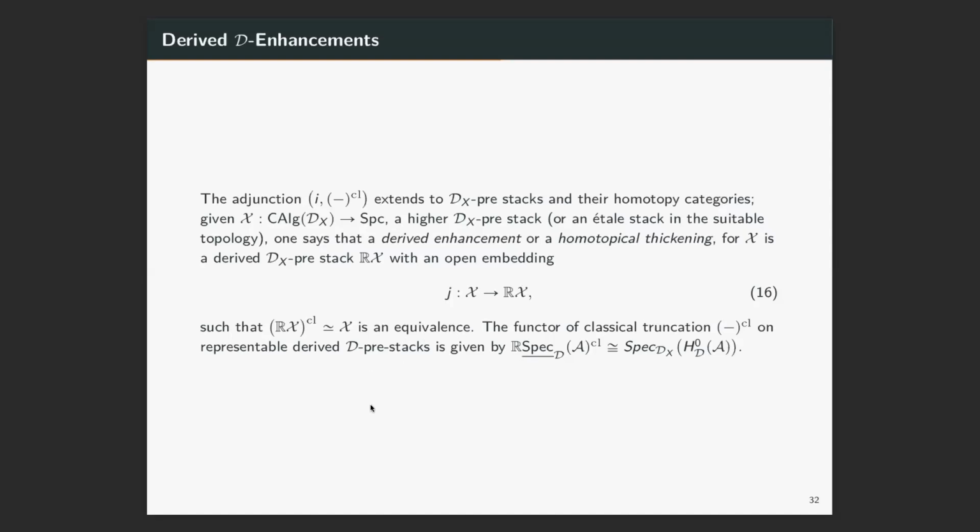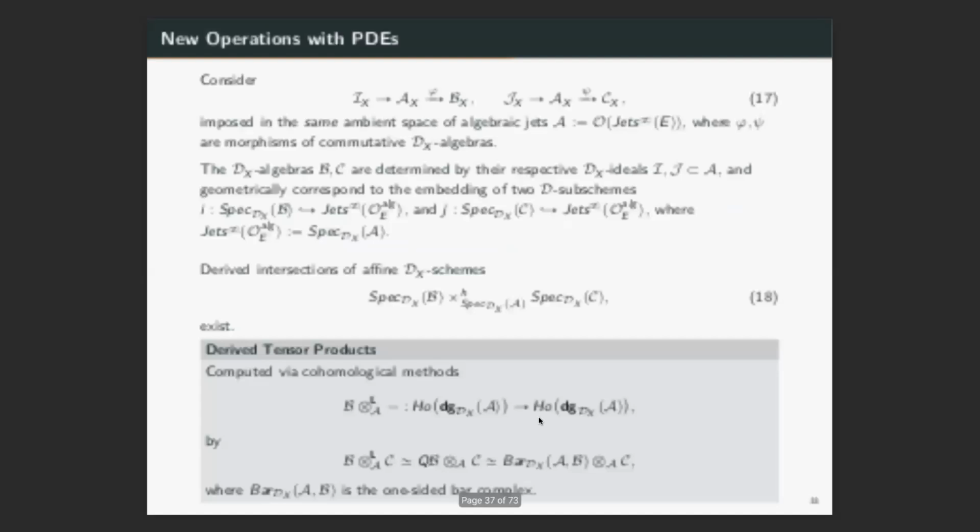So if you take the critical locus that we saw from the first lecture, and you take the derived critical locus construction, taking H0 of this, which is what this is essentially doing, you recover it. So it's indeed a derived enhancement. Just as in ordinary algebraic geometry or derived algebraic geometry, there might be more than one derived enhancement or homotopical thickening. And indeed, this is also possible in D geometry.